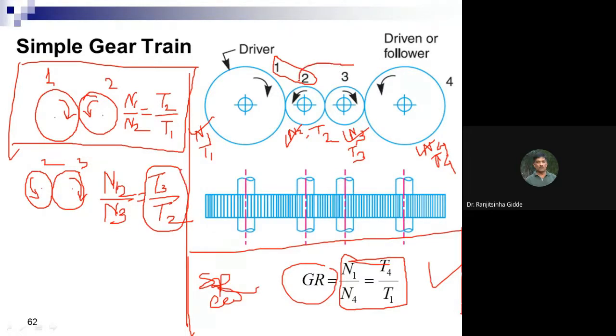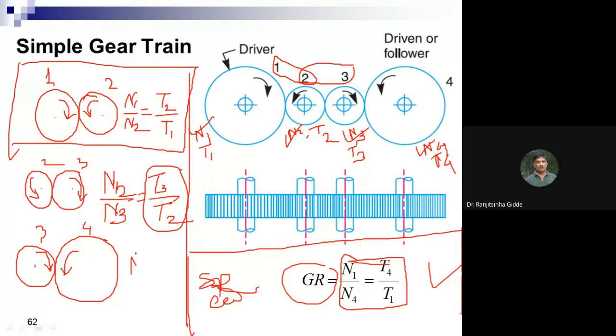So this we have completed. Then what is next combination? This is the third, and this is fourth. Okay.